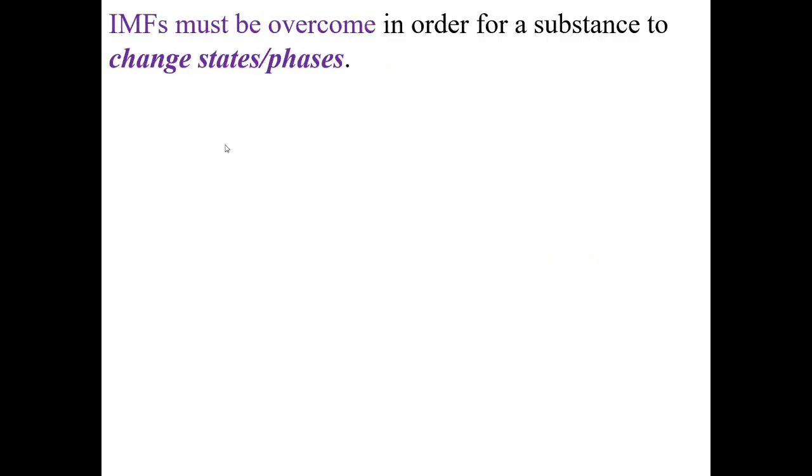Okay. So the last thing to mention here, so IMFs must be overcome in order for a substance to change state or phases. If we can't overcome those IMFs, then you're not going to break from a solid into a liquid. And if you can't overcome them from going from a liquid to a gas, you're just going to stay at that liquid, right?